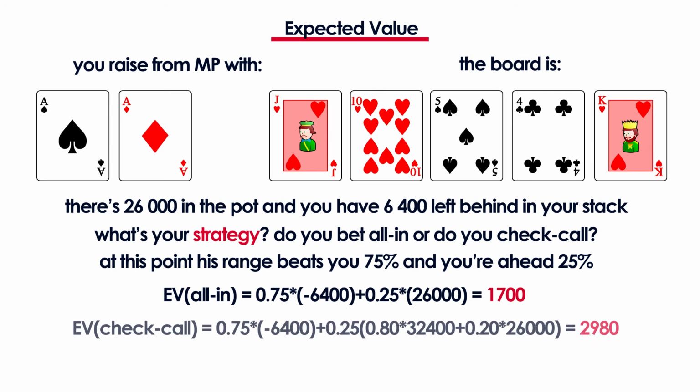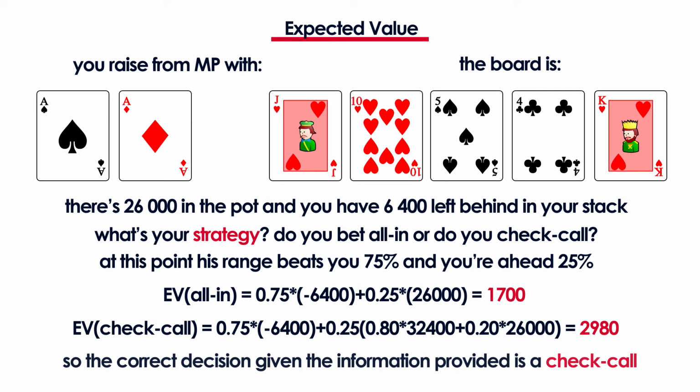So the expected value is 0.75 times minus 6400 plus 0.25 times 0.80 times 32,400 plus 0.20 times 26,000, which is 2,980. So check-calling is actually better in this spot, as in the long run it will earn you 1,280 more than betting out.